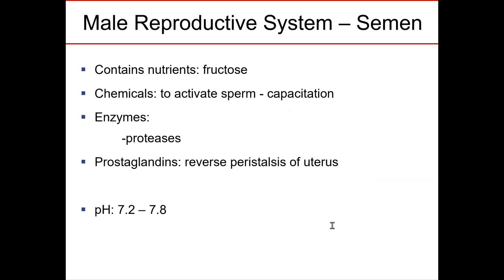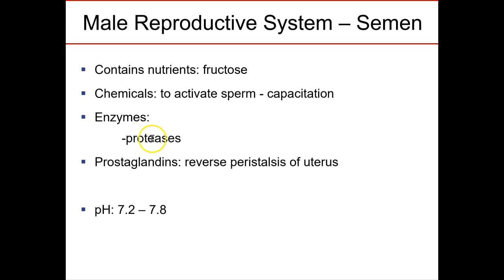Now, we already mentioned the fructose. Remember, that's the nutrient that the sperm use to generate ATP. There's also chemicals to activate the sperm. This is called capacitation, and it basically is when they are able to swim. There's some enzymes. One such are proteases. Proteases break down protein because the vagina has mucus. There's cervical mucus the sperm have to get through. Mucus is a protein.